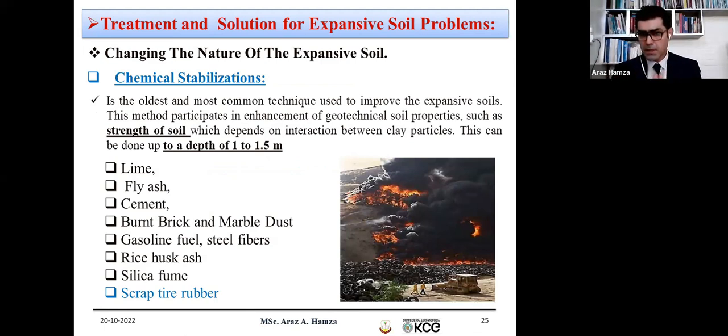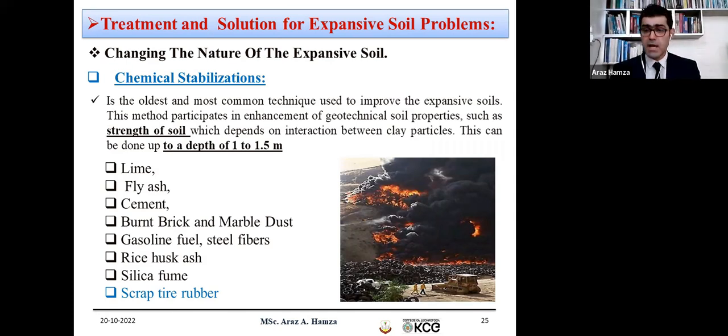It's somewhat difficult. It can be implemented for a depth of 1 to 1.5 meters. If the expansive soil's depth is higher than 1.5 meters, it is not possible. Even for 1 to 1.5 meters it is not very practicable, because in the research area it is very common, but I think in practice it is not common.